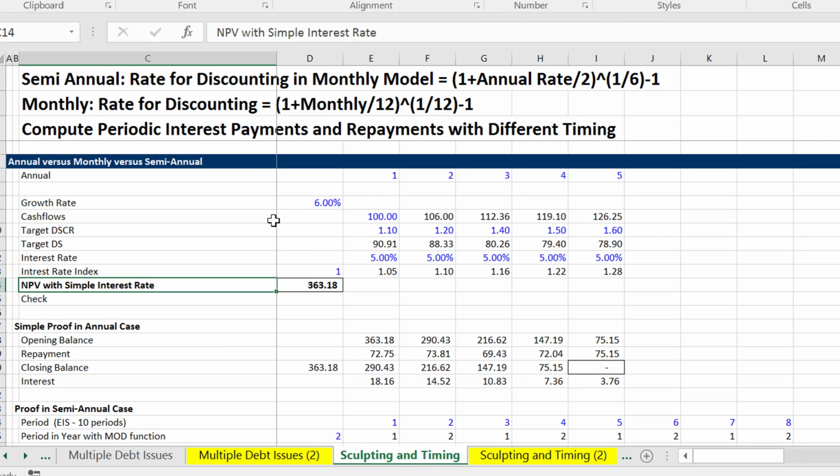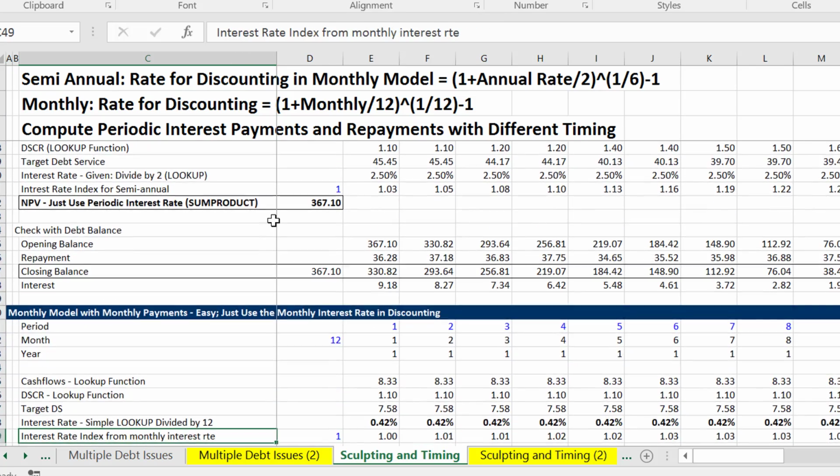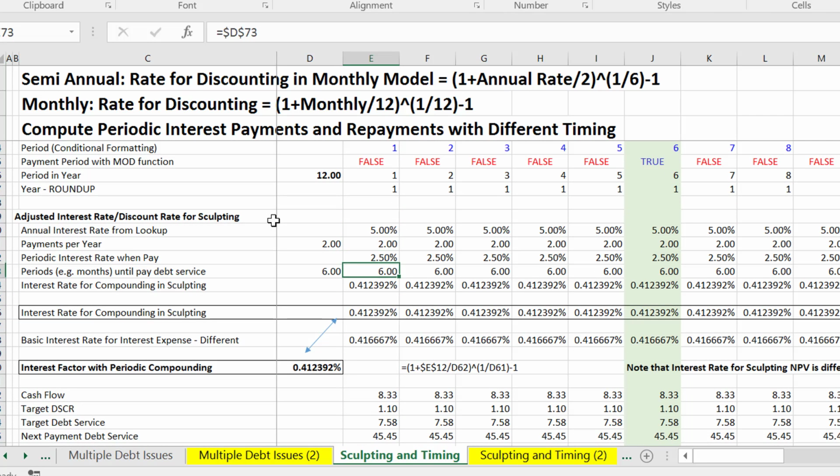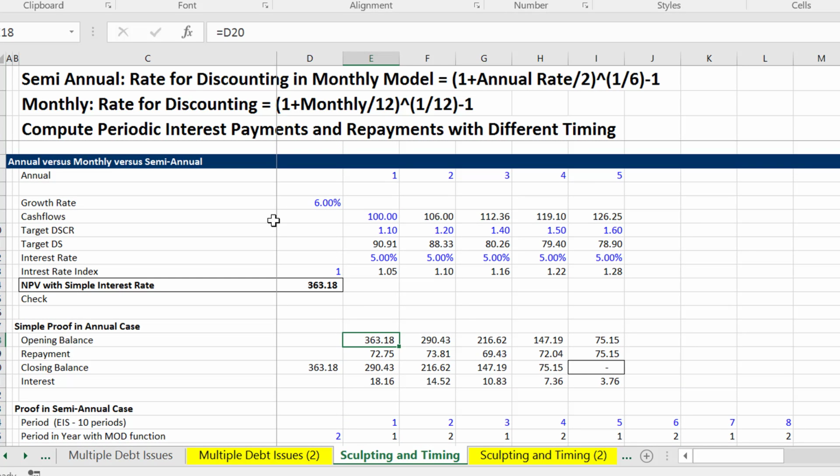And then this is a painful kind of thing. You might have an annual model, a semi-annual model, and then a monthly model. I work through the formulas with the lookup function and everything else. Then you have to do a little bit of mathematics and realize that the formula you use to compute the net present value is a little bit different.